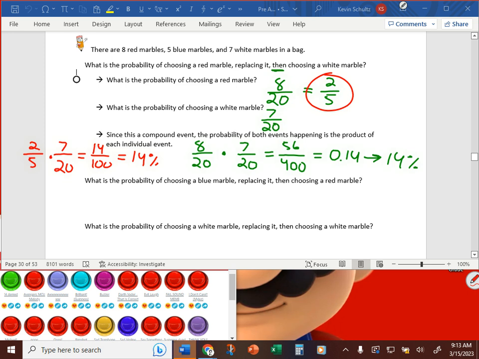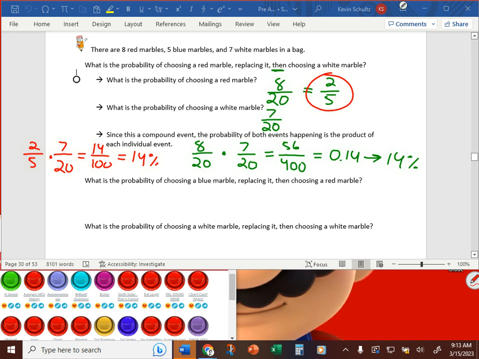But if you don't have a calculator accessible, then simplifying might make this multiplication a little bit easier. But the point is, that's compound probability: putting two individual probabilities together and then combining them with multiplication. Questions so far? Peyton? You awake?